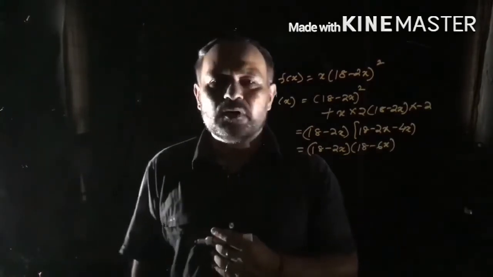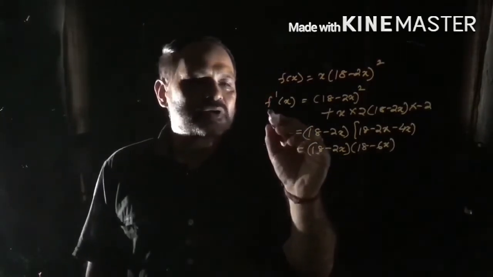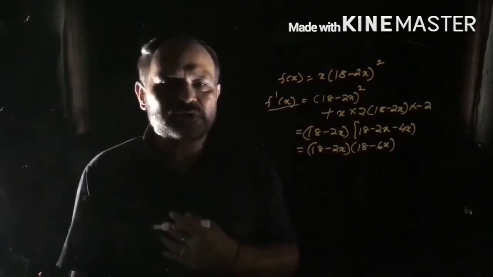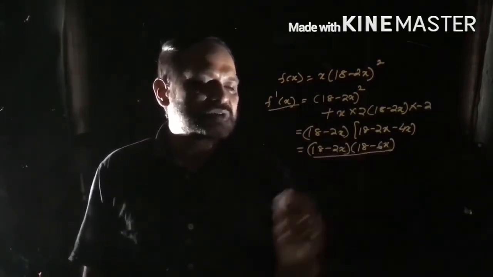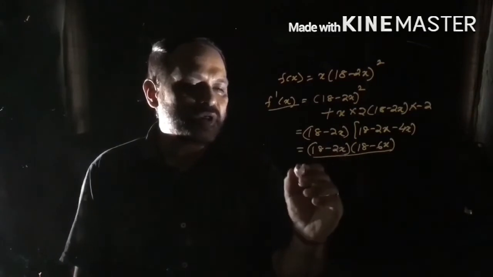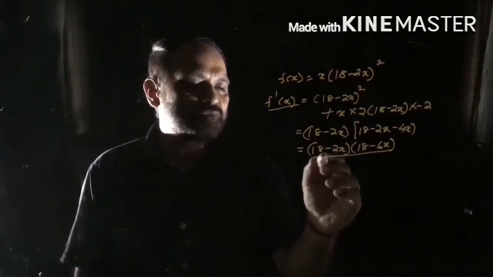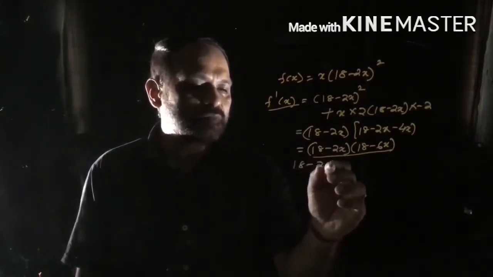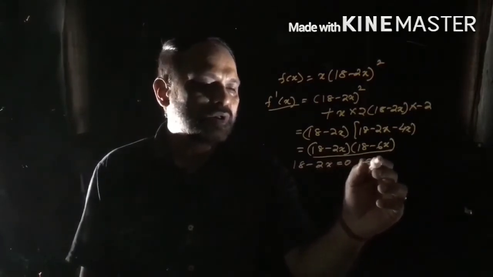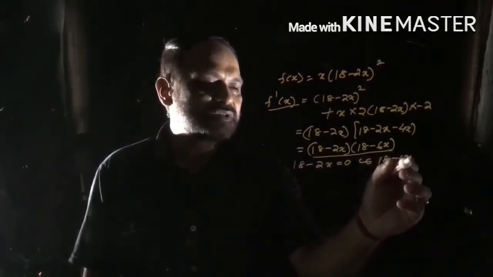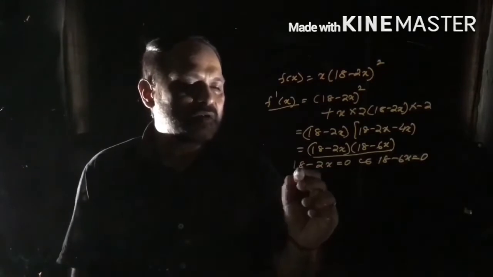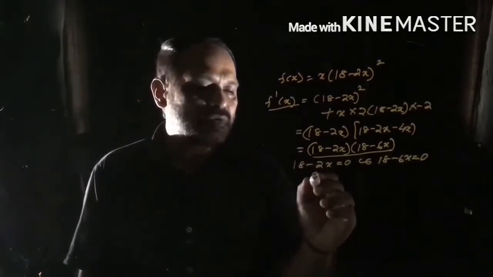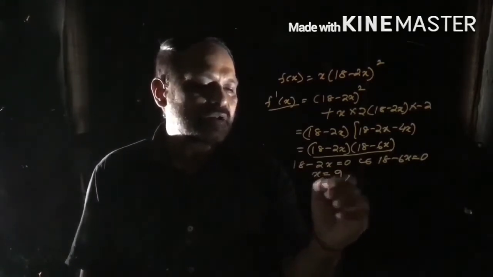To find out the extremum points, we consider f dash x is equal to 0. Means one of these two factors is 0. Therefore, we get 18 minus 2x is equal to 0 or 18 minus 6x is equal to 0. If 18 minus 2x is equal to 0, then x is equal to 9.